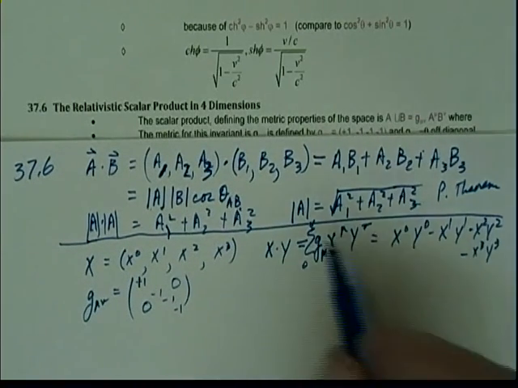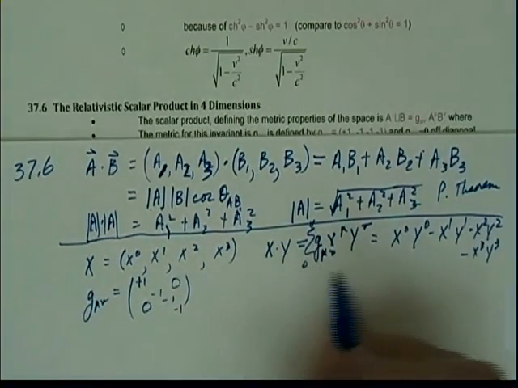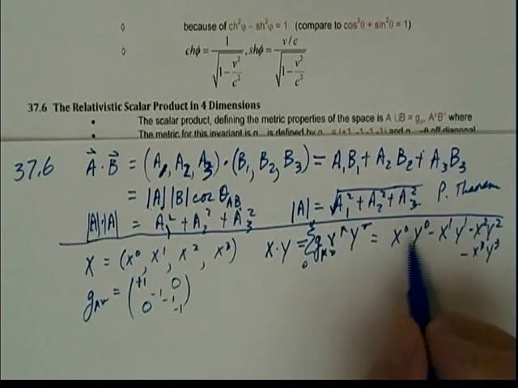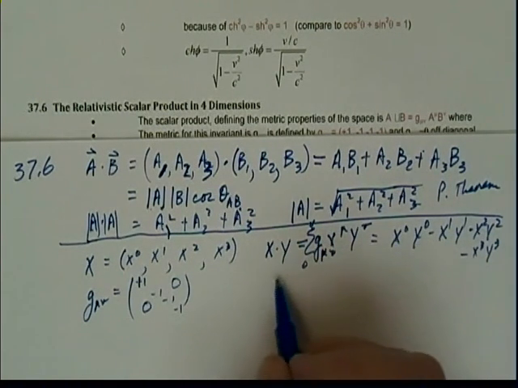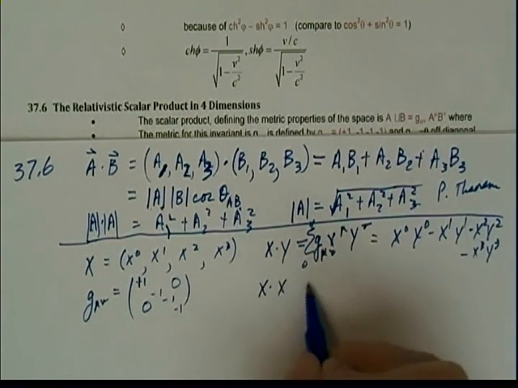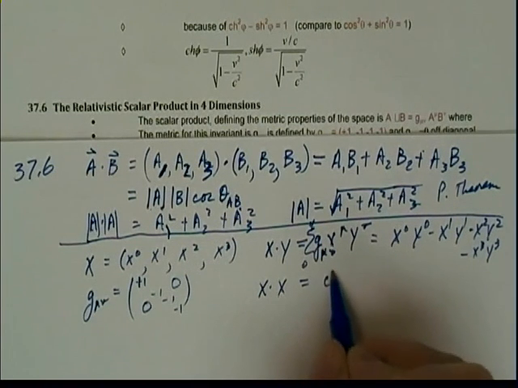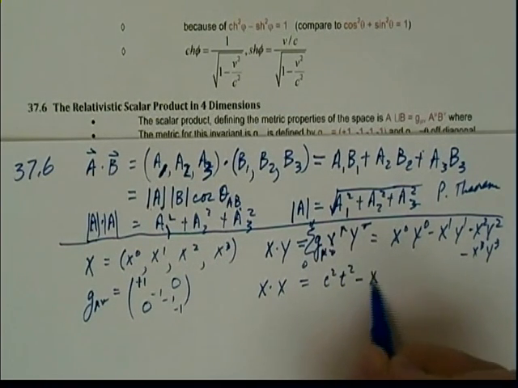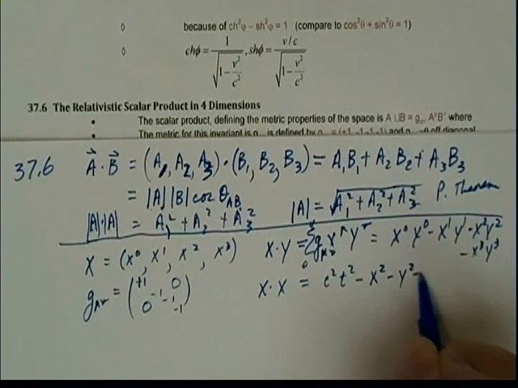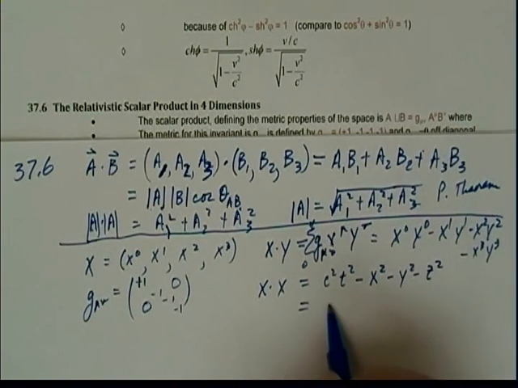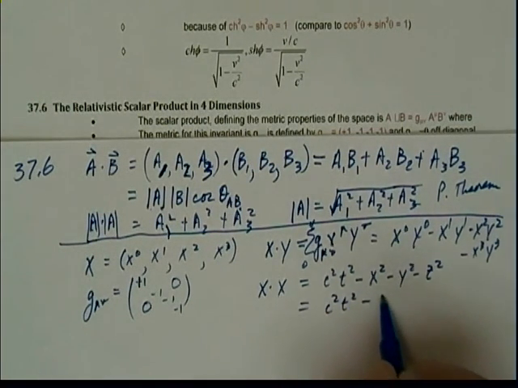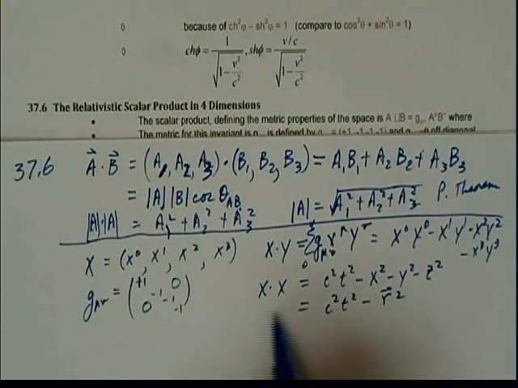And for a vector with itself, if these were both x's, x dot x in 4 dimensions would be c squared t squared minus x squared minus y squared minus z squared, or equivalently c squared t squared minus r vector squared.